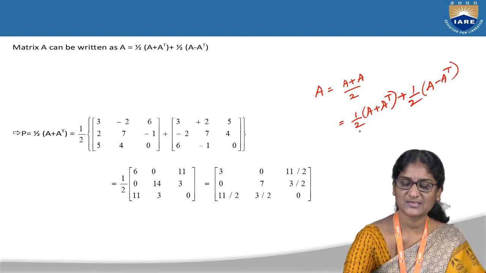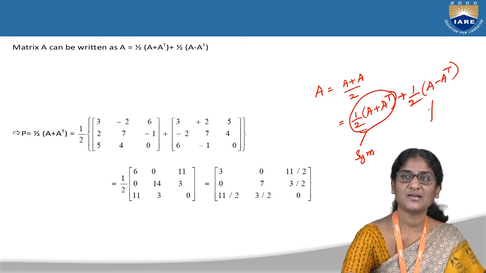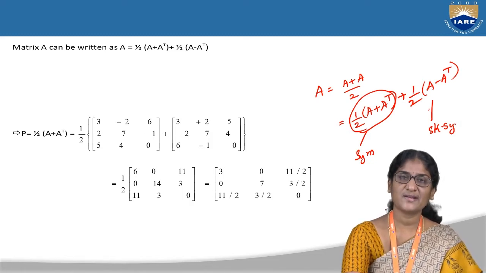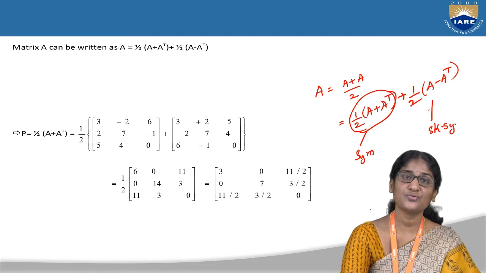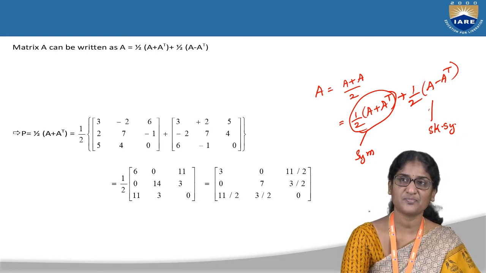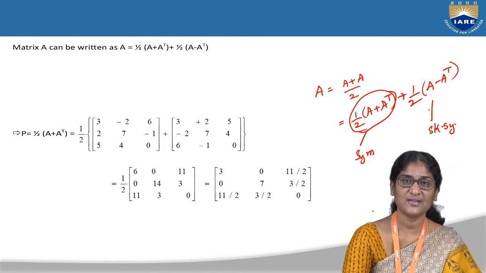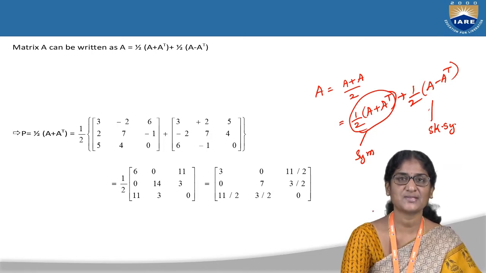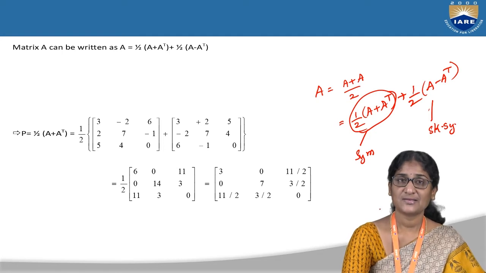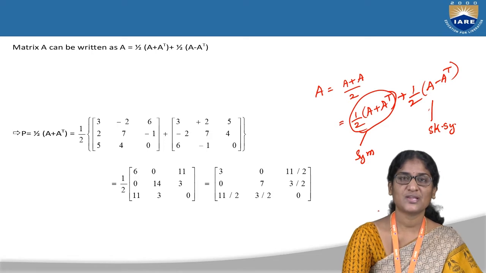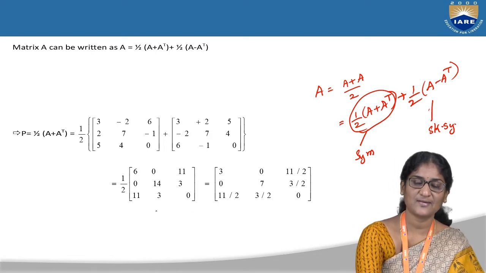This part is nothing but what we call the symmetric part, and this part we call the skew-symmetric part of the matrix. So whenever a square matrix is given and you are asked to find the symmetric and skew-symmetric parts, you just add A transpose to A and multiply by 1 by 2 to get the symmetric matrix, and take A minus A transpose divided by 2 to get the skew-symmetric matrix. That's what I have done here.